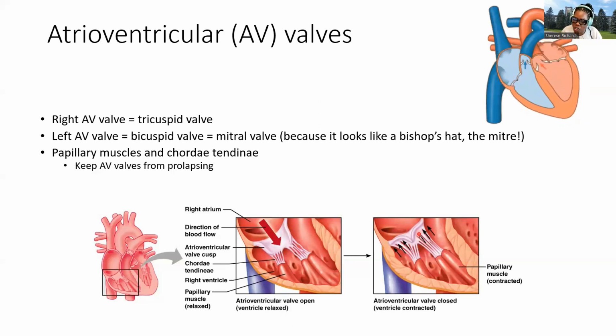So when the papillary muscles contract, they pull taut onto the tendinous cords, the chorda tendineae, and that is what keeps the valve from prolapsing into the previous chamber. This is a feature that is only seen with AV valves, preventing the backflow of blood from the ventricle back into the atria.